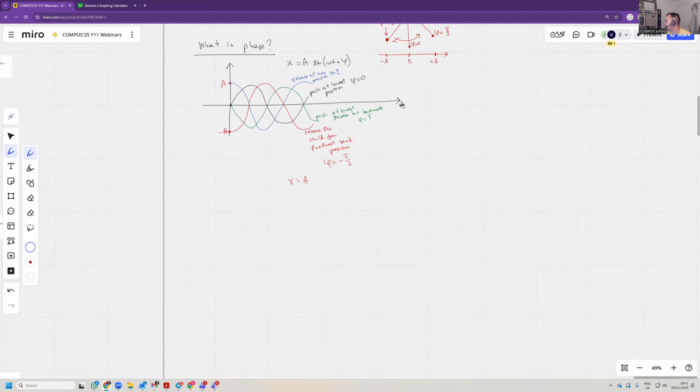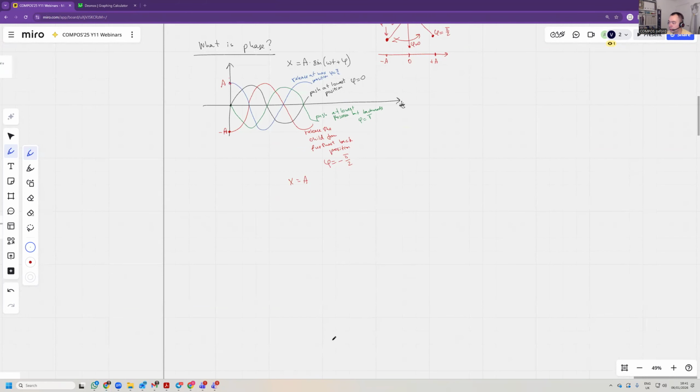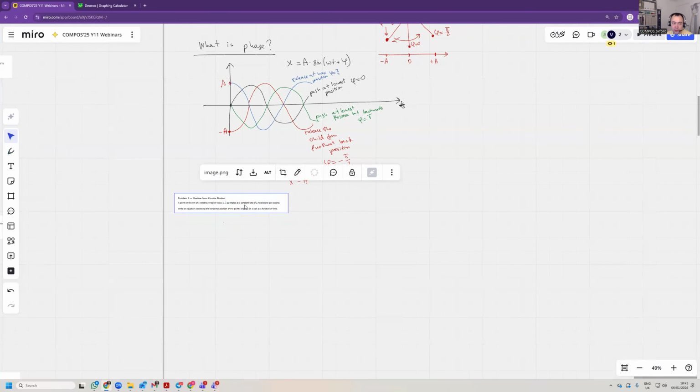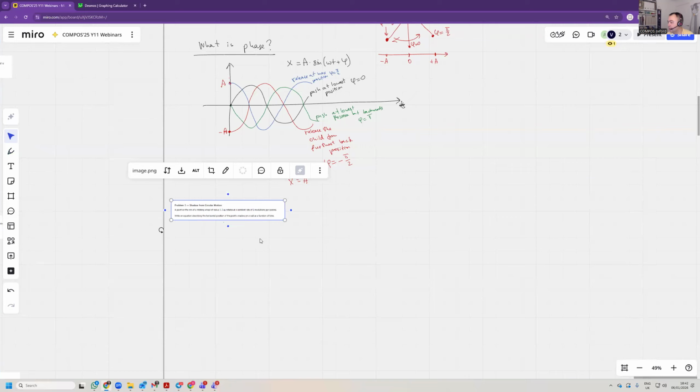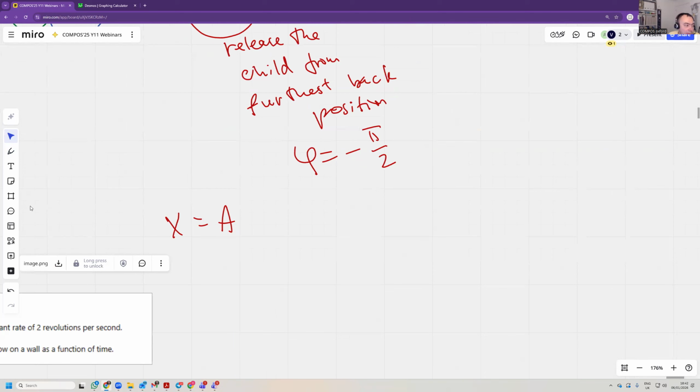Next question. The phase, well, usually we say the phase is between 0 and 2 pi, but there's no real limit. Honestly, you can say minus pi over 2, which is the same as 3 pi over 2. So it doesn't really matter.